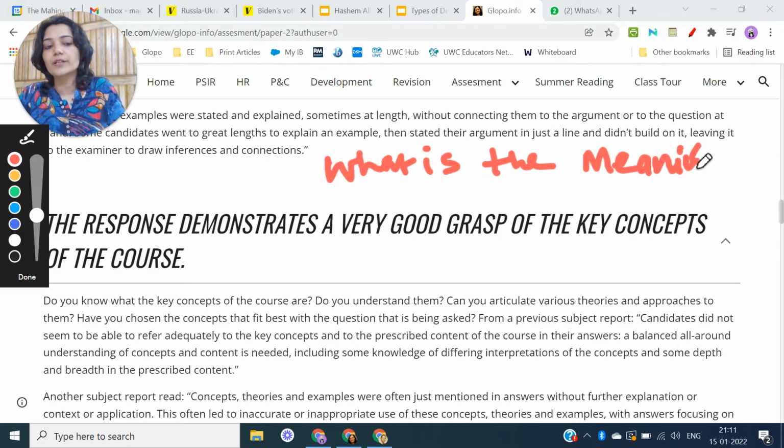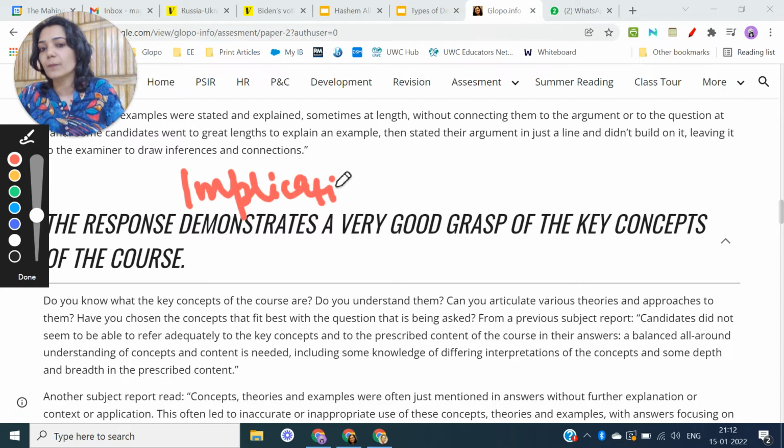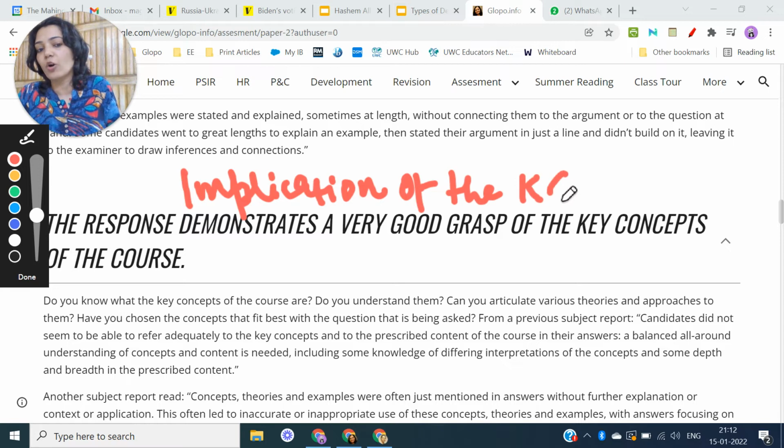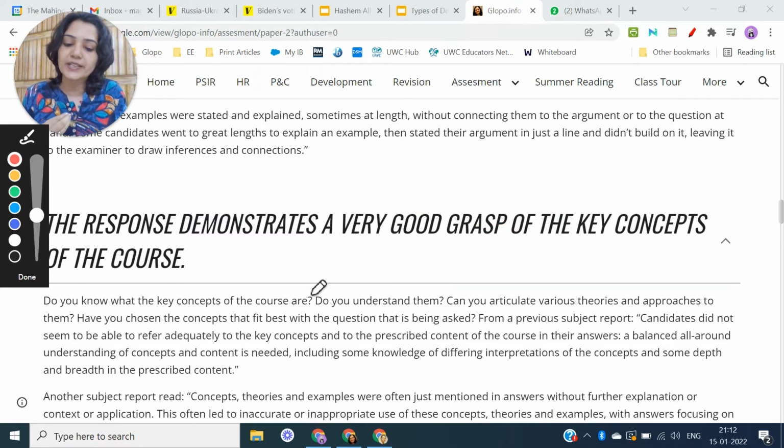Cover the implication of the key concept in your answer. So if I'm writing somewhere about human rights, I'm not going to write the definition of human rights, but how human rights fits into my answer, which I'm going to explain here. Clear? You need to have a good grasp of the key concept.